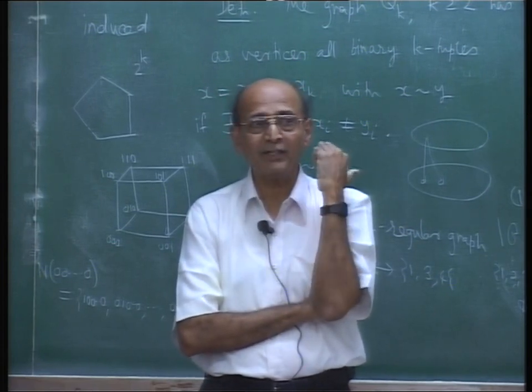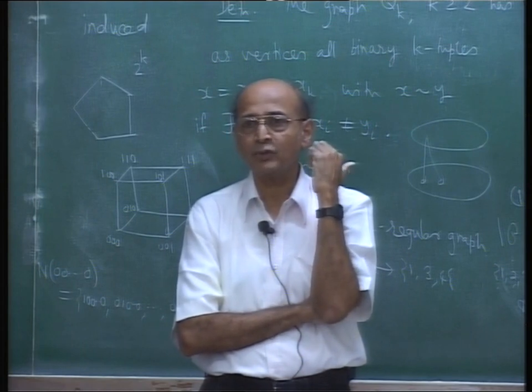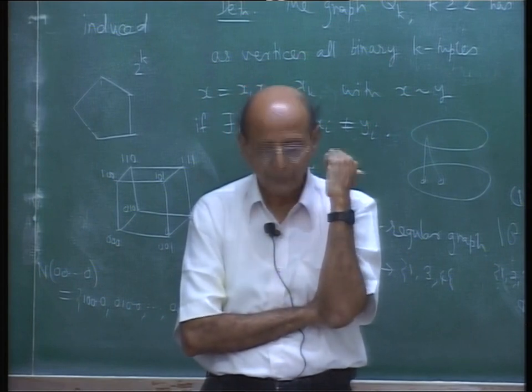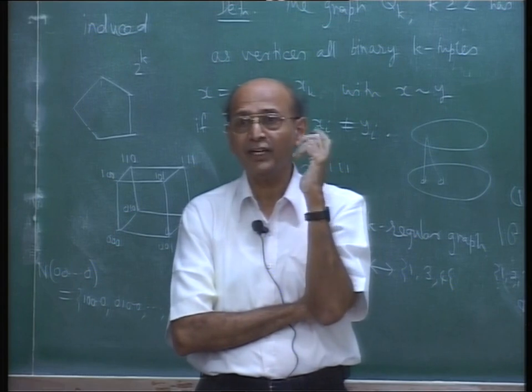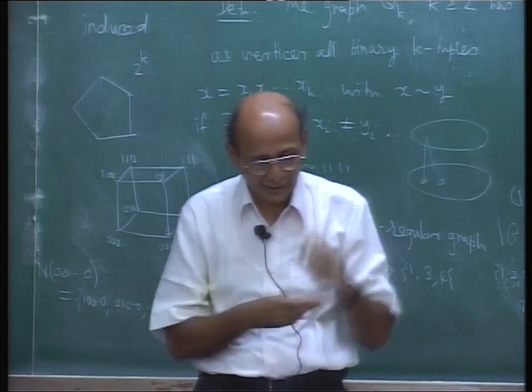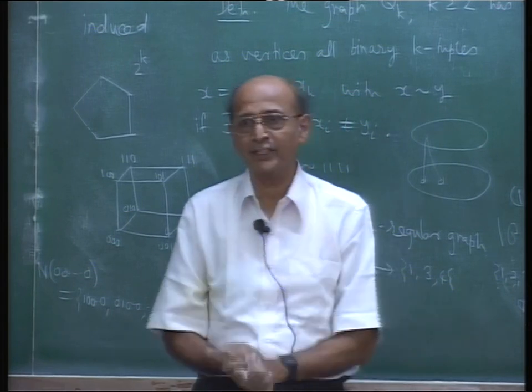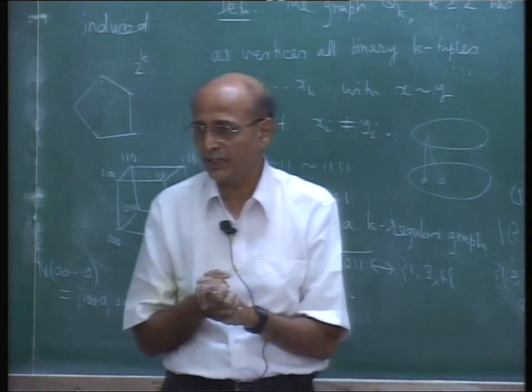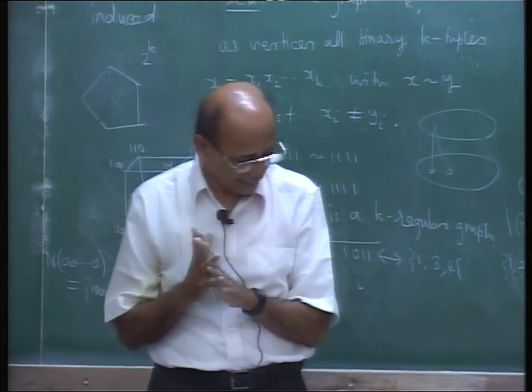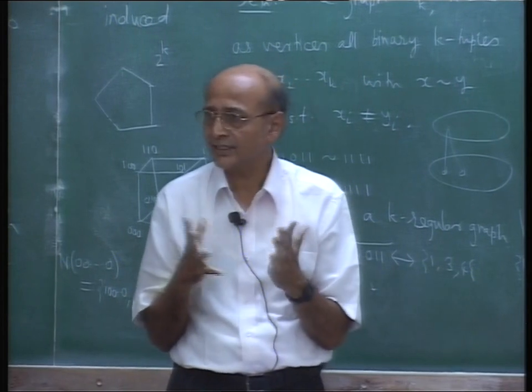But there is a pure graph theoretic formulation, which is called the Erdos-Gallai theorem. Fortunately, for those who find it difficult, we don't have a proof of the Erdos-Gallai theorem. We will have a proof of Havel-Hakimi, but no proof of Erdos-Gallai. Those of you who want to read things can do that.